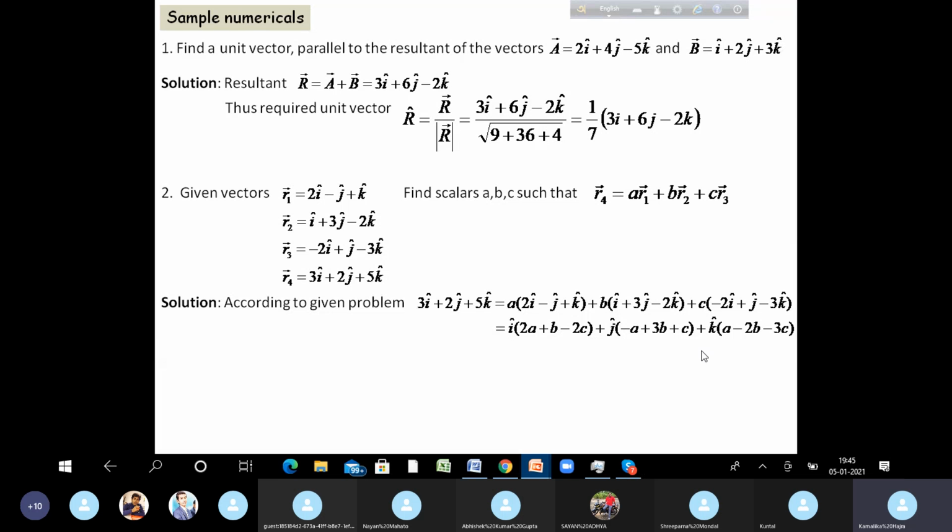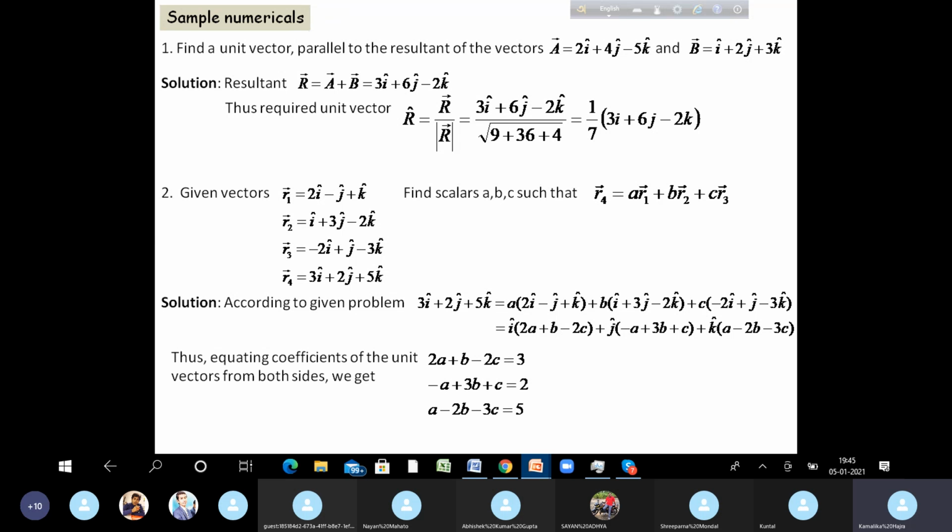So next we will equate the coefficients of i, j and k from both sides of this equation. So basically this comes out to be 3i plus 2j plus 5k equal to i cap into this plus j cap into this plus k cap into this, which is possible only if we equate the coefficients of the unit vectors from both sides, right?